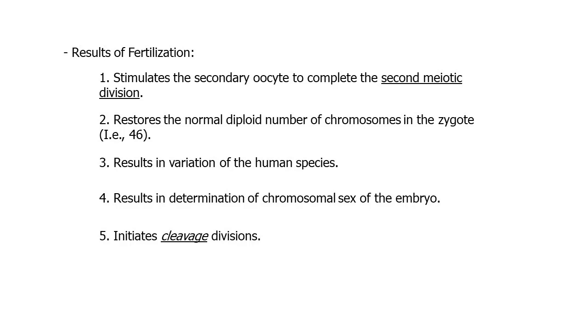Now the cleavage division, let's see, is it here? No, we'll get to it. The cleavage division is the first several generations of divisions. And it's different than mitosis and a regular cell cycle because there's no growth 1 or growth 2 phase in cleavage divisions. So the fertilized egg divides, then those divide again, and again, and again.